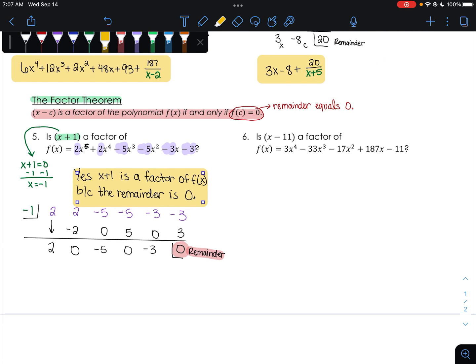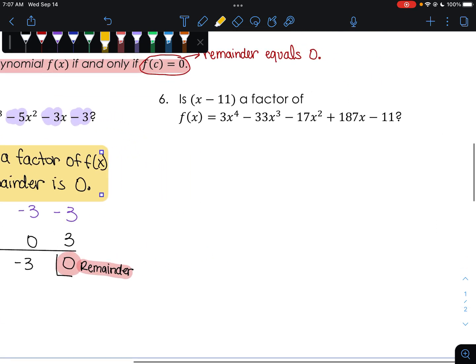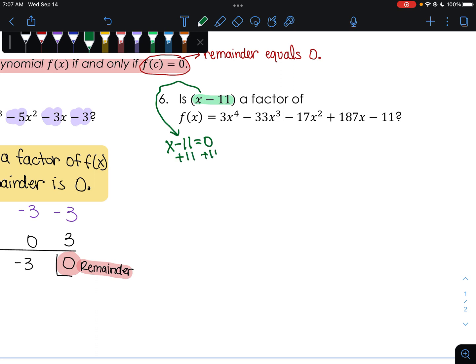Okay, moving on to the next one. Is x minus 11 a factor of f of x? So we repeat the same process. We take what we need to divide by to check. We set it equal to 0. x minus 11 equals 0. Add 11 to both sides. That gives us x equals 11. Now, I put that in my half box, 11.